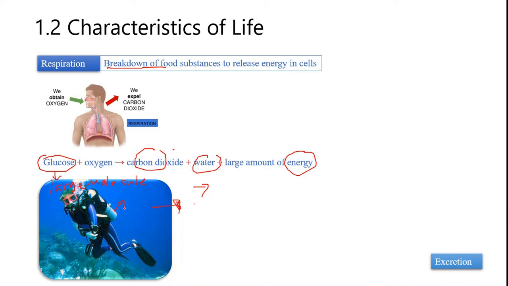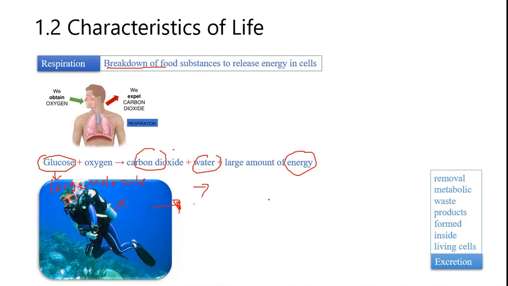What is another product of excretion? Sweat. What else? Yeah, poop. And then also, what else? The carbon dioxide, the water vapor. These are the products of excretion. We can call them waste products.